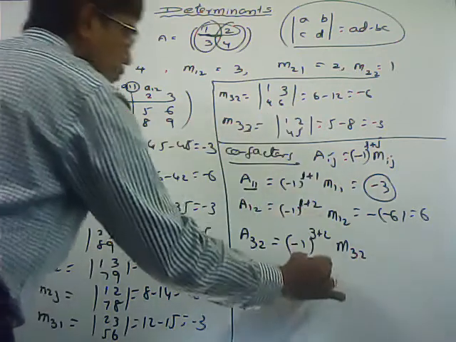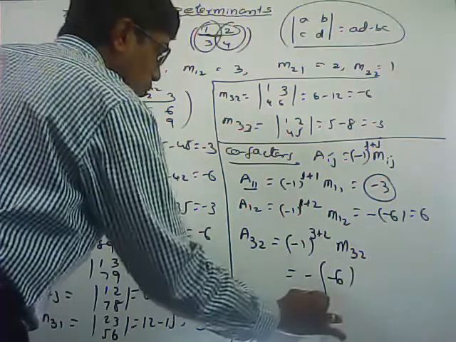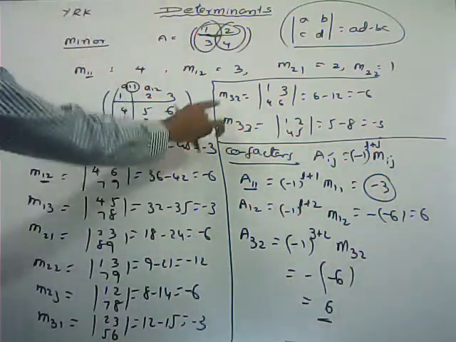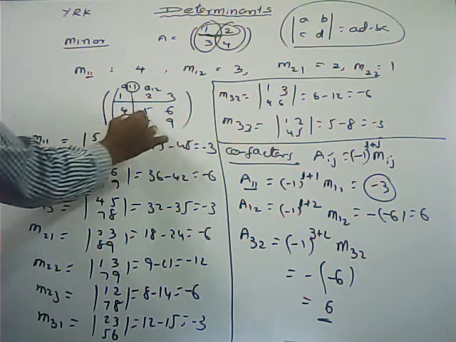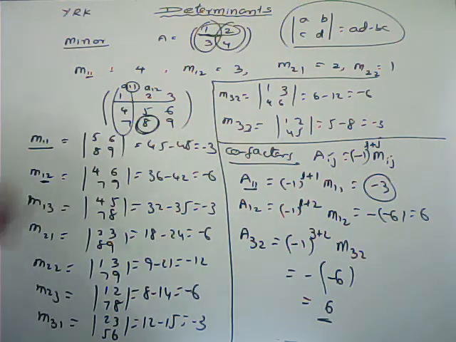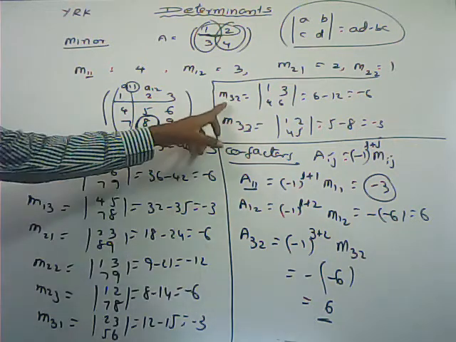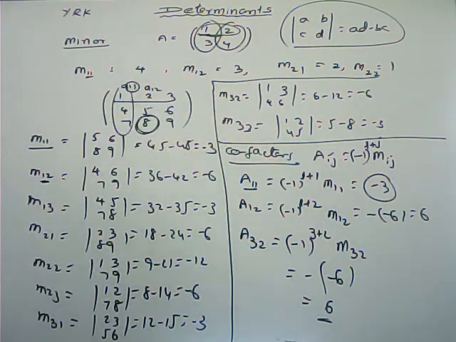What is M32? Minus 6, so the cofactor is 6. So for A32, the third row second column element, the cofactor is 6, and the minor is minus 6. They differ by a minus sign only.